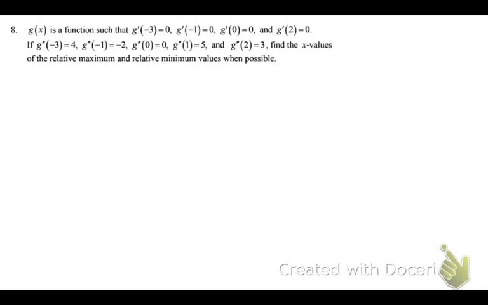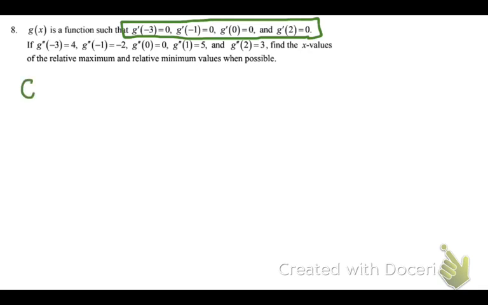All right, so something to notice here is with all of these first derivatives, the outputs are all 0. So what that means, if my first derivative at an x value is 0, that means that those are my critical numbers.